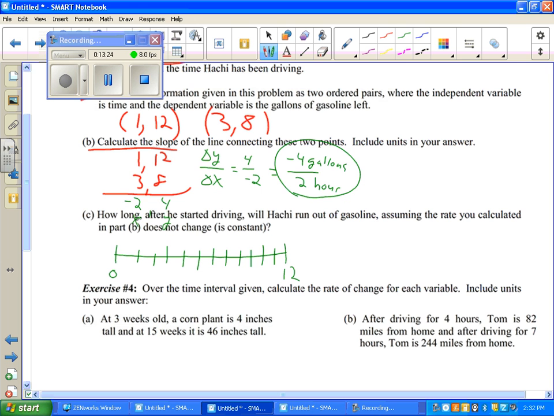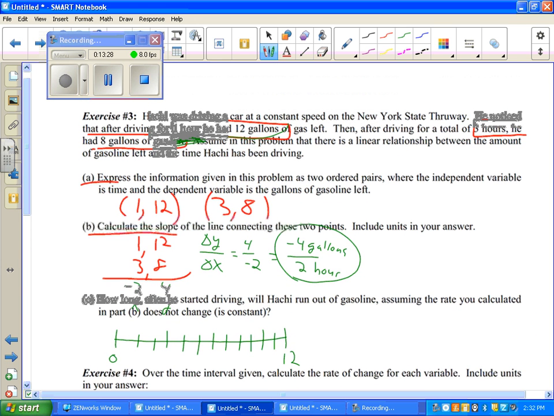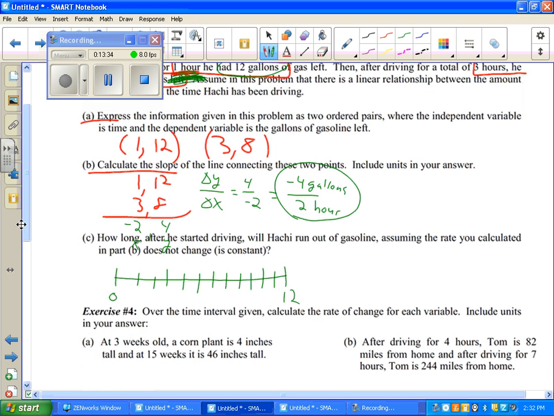Because the tank had 12 gallons in it. He started with 12 gallons in 1 hour. So in 1 hour, he had 12 gallons in it. So this is 1 hour up here. And there are 12 gallons. Okay, I'm starting to think that I should have done this number line backwards.